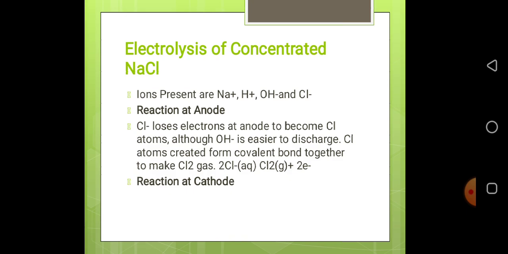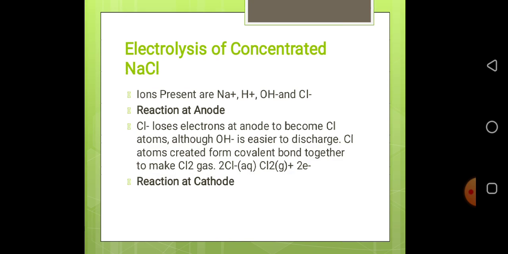So what is taking place at the anode? Chlorine ion loses electron at the anode to become chlorine atom. Although OH is easier to discharge, the atoms created form covalent bond together to make chlorine molecule gas.